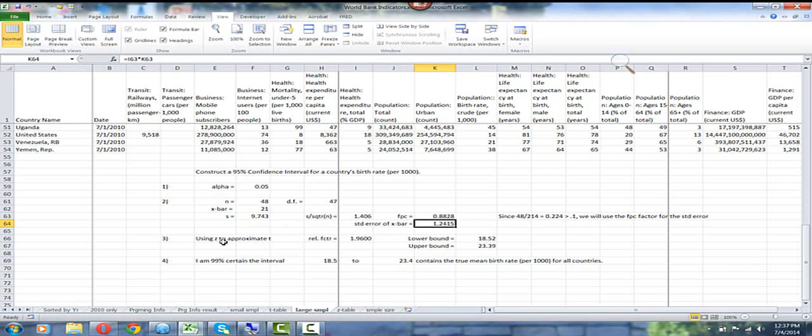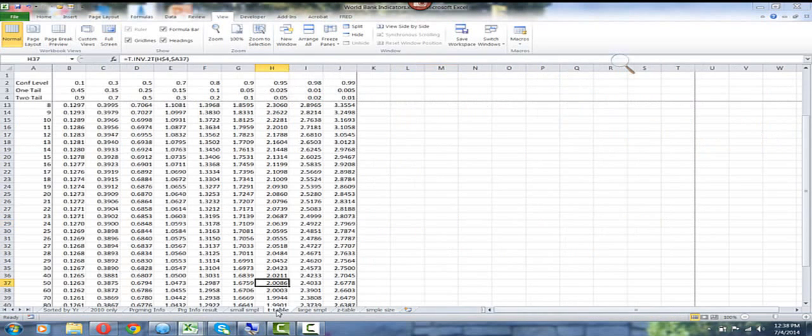We've got, as I mentioned earlier, the t-distribution because sigma is unknown. However, because of 47 degrees of freedom, we can approximate with the z. So if you go to the t-table, you see that there's not 47 degrees of freedom in the textbook t-table.